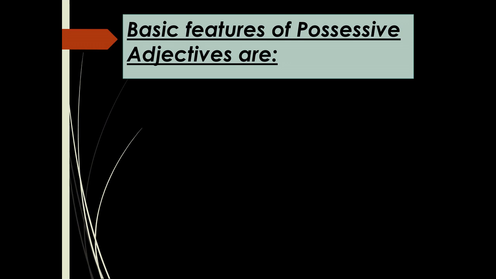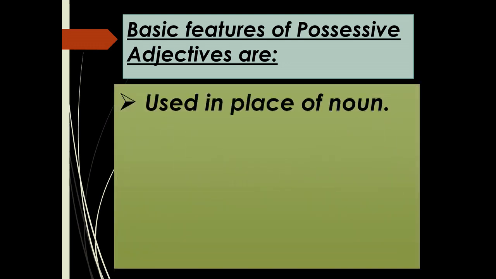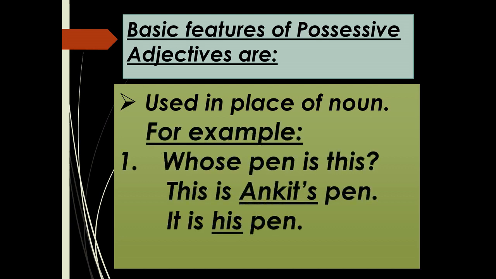Basic features of possessive adjectives are: it is used in place of a noun. For example, whose pen is this? Suppose this pen belongs to Ankit, then your answer will be, this is Ankit's pen.